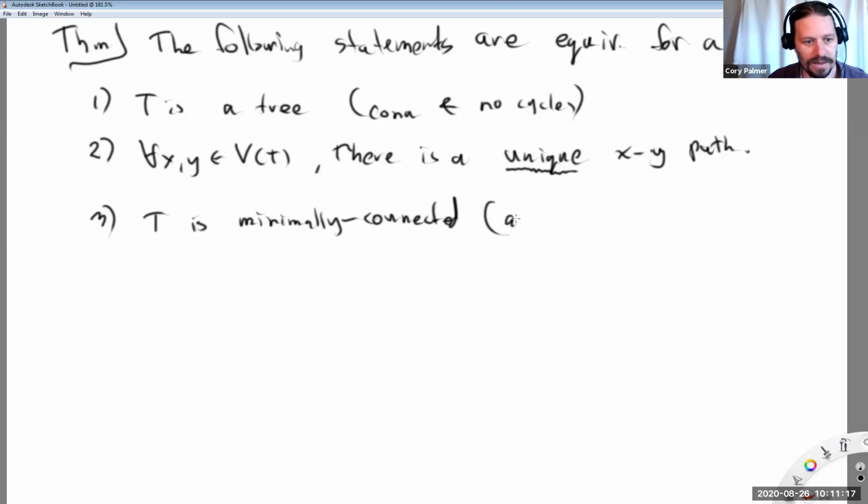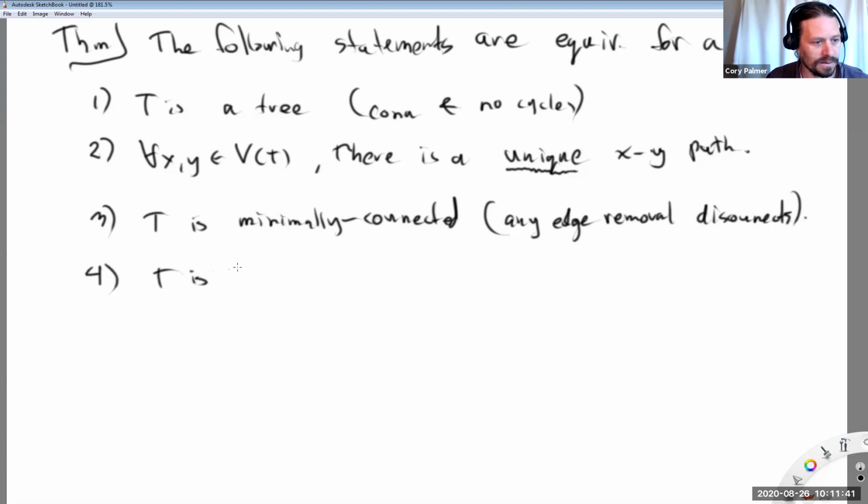So any edge removal disconnects. That's what it means to be minimally connected. It has as few edges as possible and is still connected. So if I have a graph T and any edge removal disconnects it, but it is connected, then it has to be a tree.